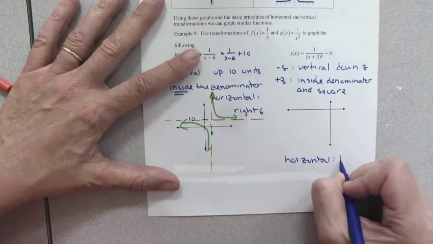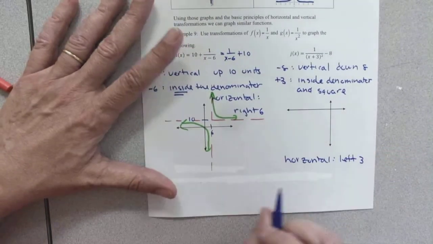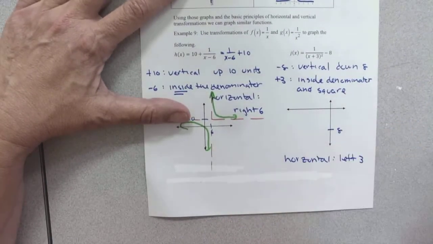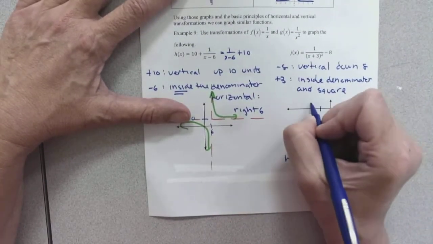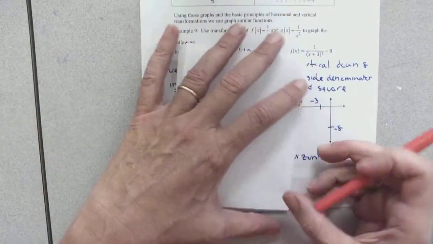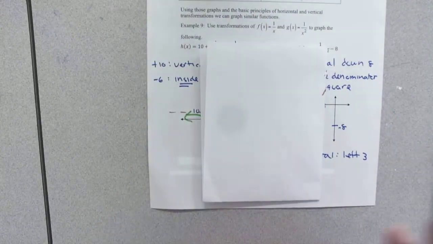Horizontal goes opposite to what you'd expect, so left 3. So down 8, we'll just call that negative 8. Left 3, so there's negative 3. That's where my asymptotes are going.